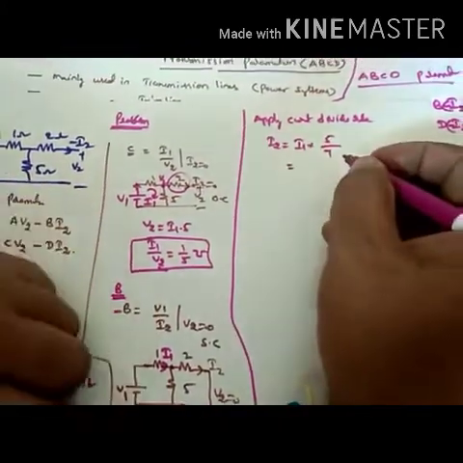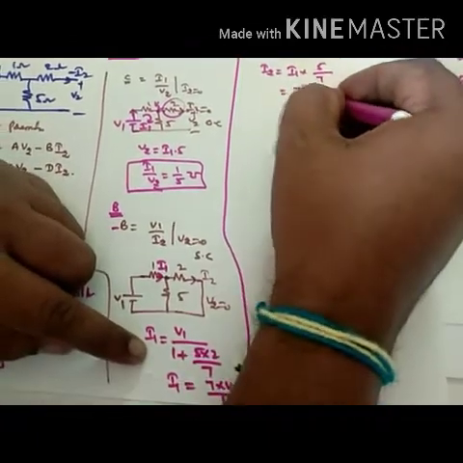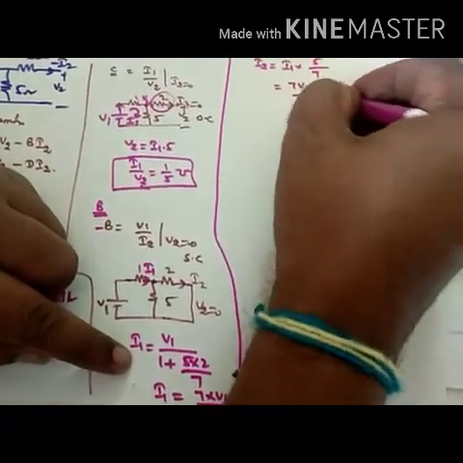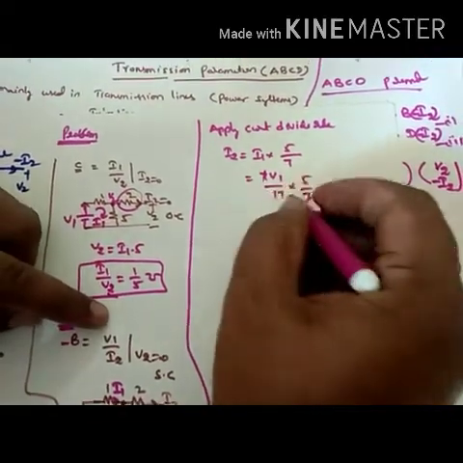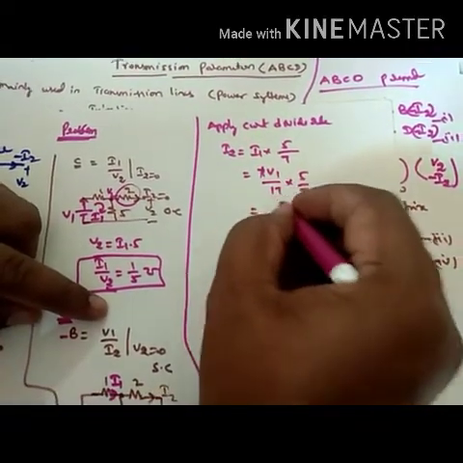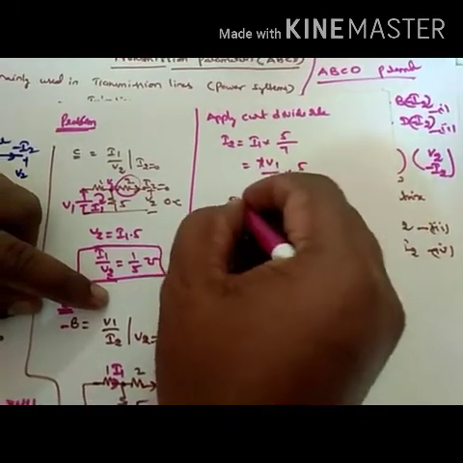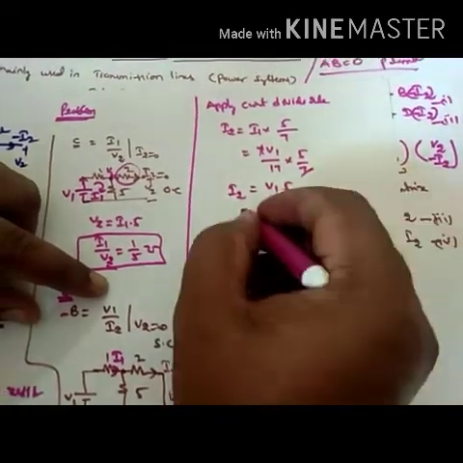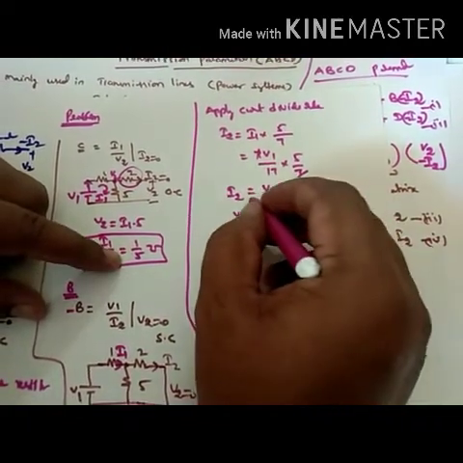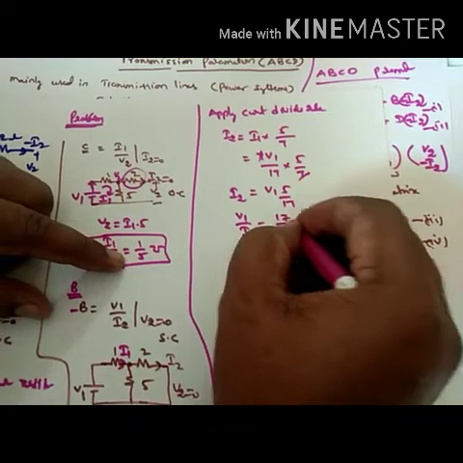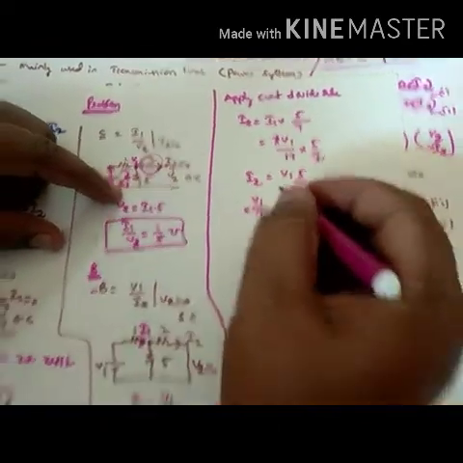I1 is 7 V1 by 17 into 5 by 7. The 7 gets cancelled, so V1 by I2 is equal to 17 by 5. This is equal to minus B.